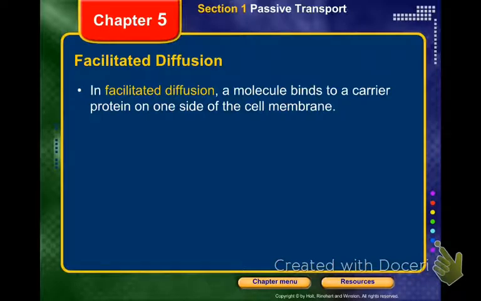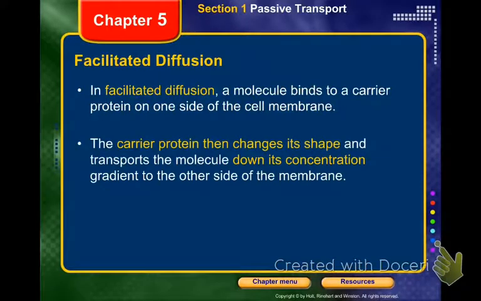Because of the assistance of this carrier protein, it facilitates the movement of molecules across, but it doesn't require energy to do that, because we're still going from high concentration to low concentration. And here's the key: it's still going down the concentration gradient. It's just using a membrane protein to help move down the concentration gradient.